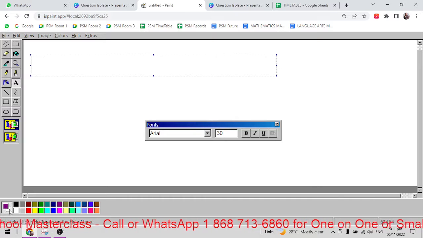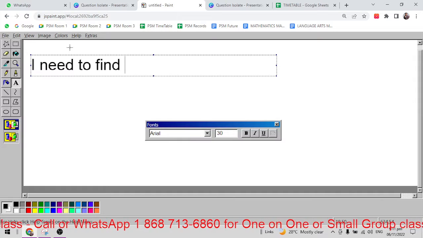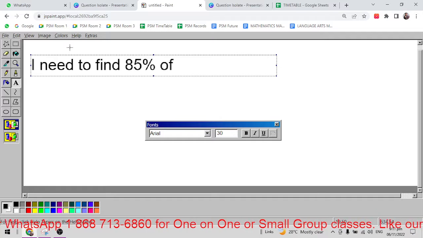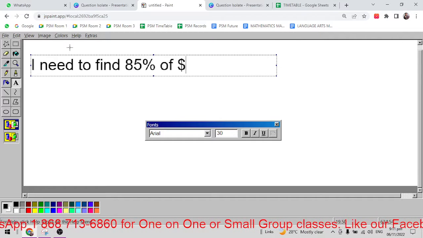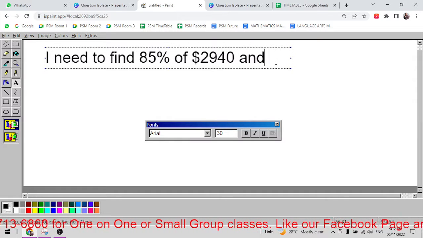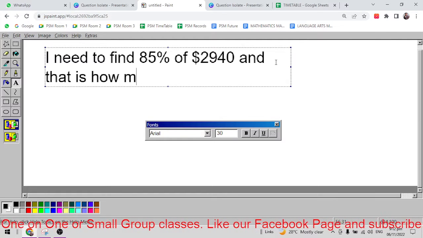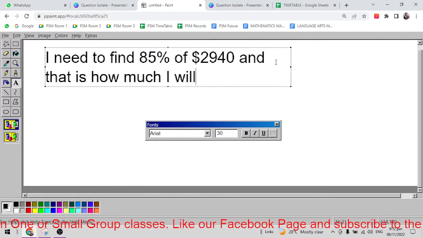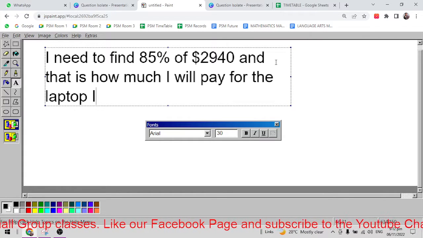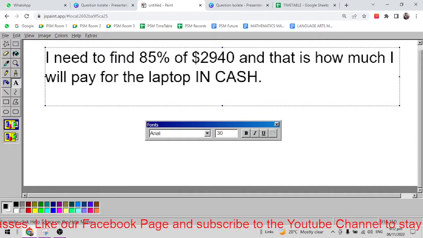So I'm going to write that: I need to find 85% of 2940, and that is how much I will pay for the laptop in cash, on the same day.